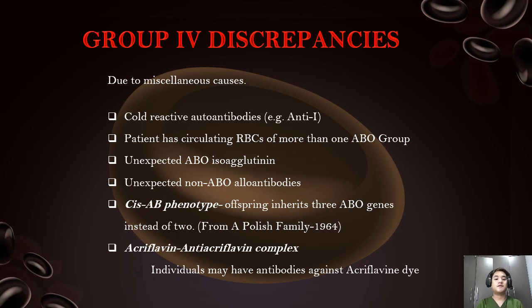As for cold reactive antibodies, we have learned that most of the ABO antibodies are IgM and are cold reactive. Since we are talking about cold reactive antibodies, we are referring to the serum typing. In short, cold reactive autoantibodies are demonstrated when RBCs are so heavily coated with the antibody that they spontaneously agglutinate.